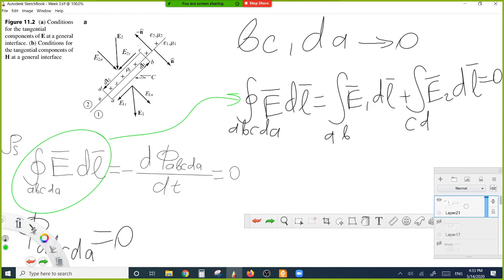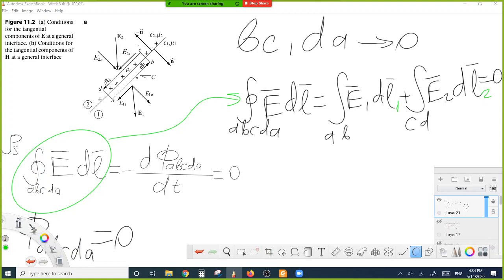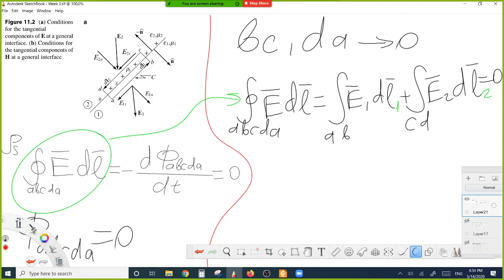They coincide in direction, and the tangential component of E1 is opposite from dl1. Here don't forget, dl1, dl2. So let me split this in order not to be confused.